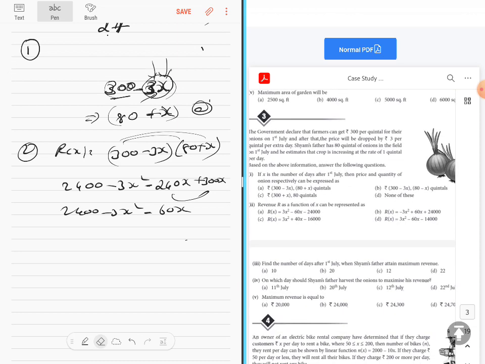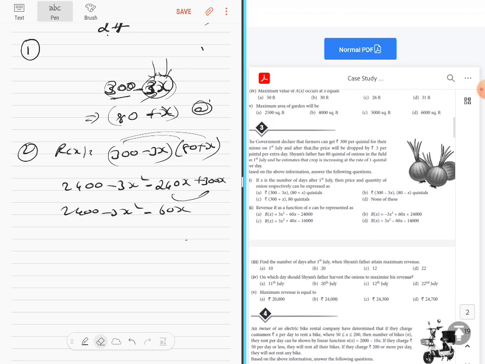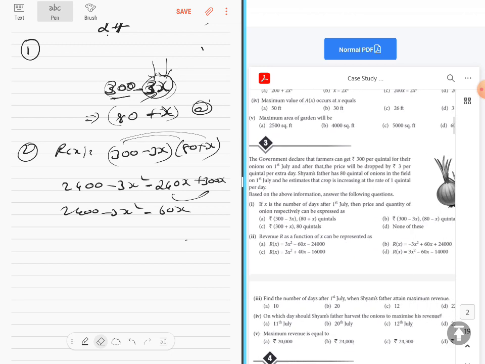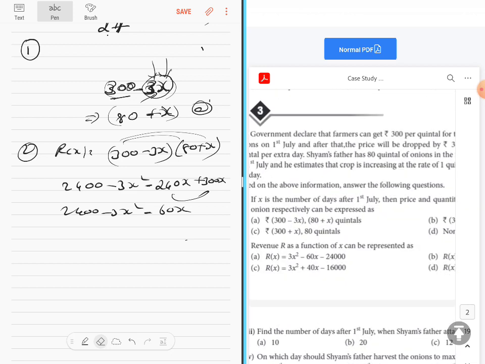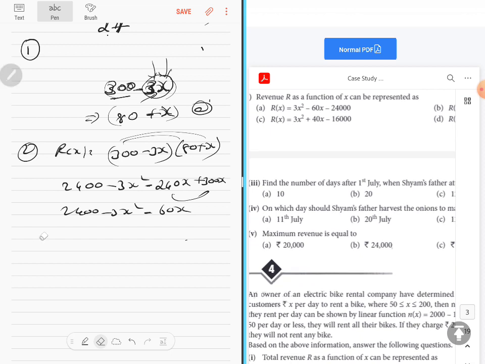Find the number of days after 1st July when Shyam's father attained maximum revenue. So he has to attain maximum revenue. You just have to differentiate. So you differentiate the revenue, you get minus 6x minus 60 is equal to 0.